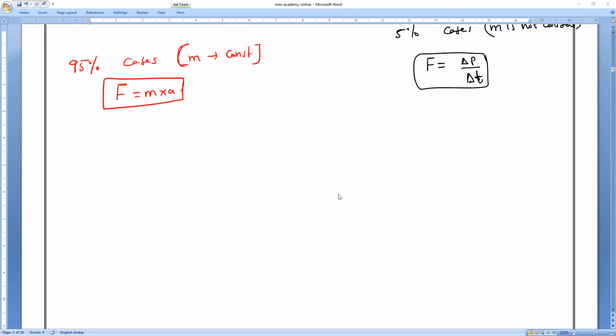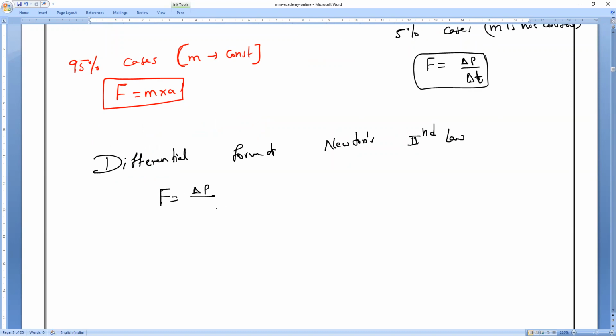Now, can anybody tell me the differential form of Newton's second law? Very important, because let me take the change in momentum as extremely small, over a very small interval of time, almost 0. Then we all know the differential form of force: F is equal to delta p by delta t.